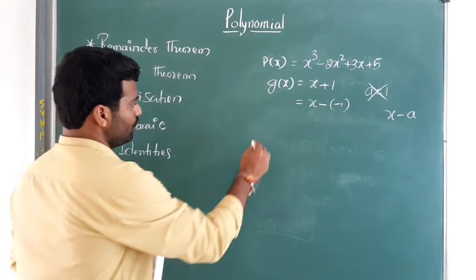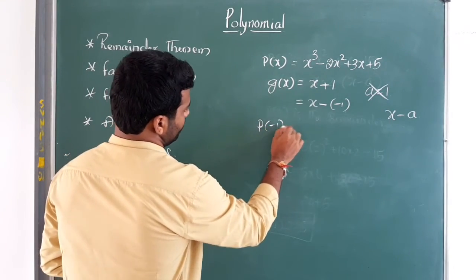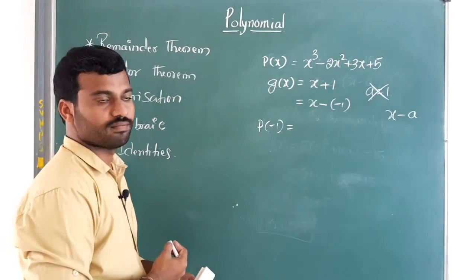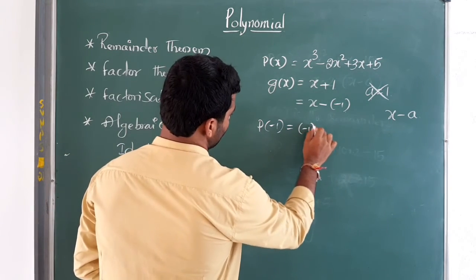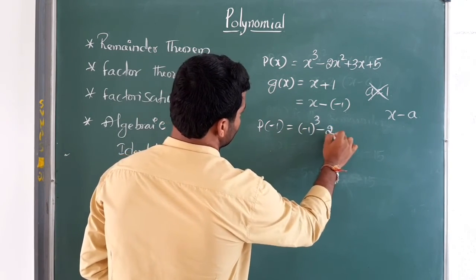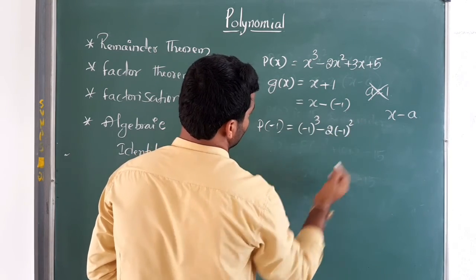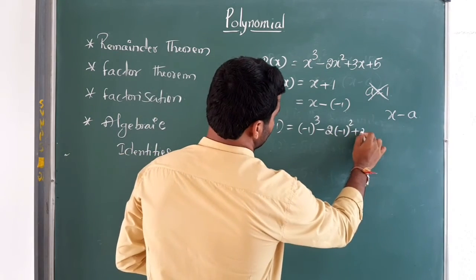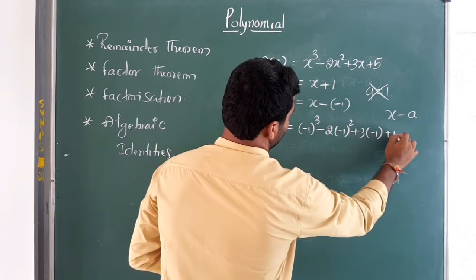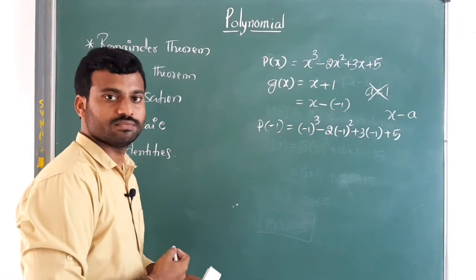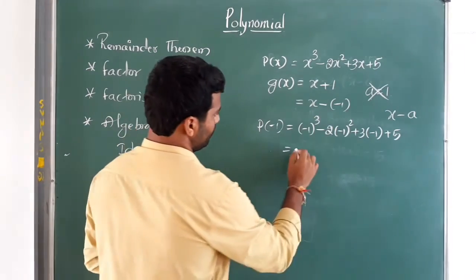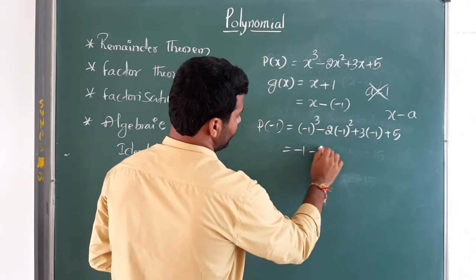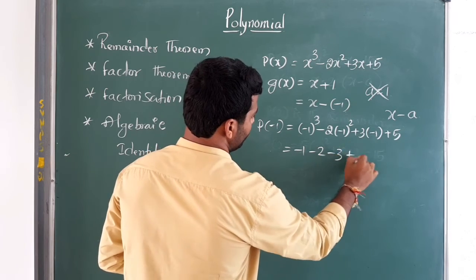So substitute x with minus 1: minus 1 to the power of 3 minus 2 into minus 1 to the power of 2 plus 3 into minus 1 plus 5. What do you get? Minus 1, minus 2, minus 3, plus 5.